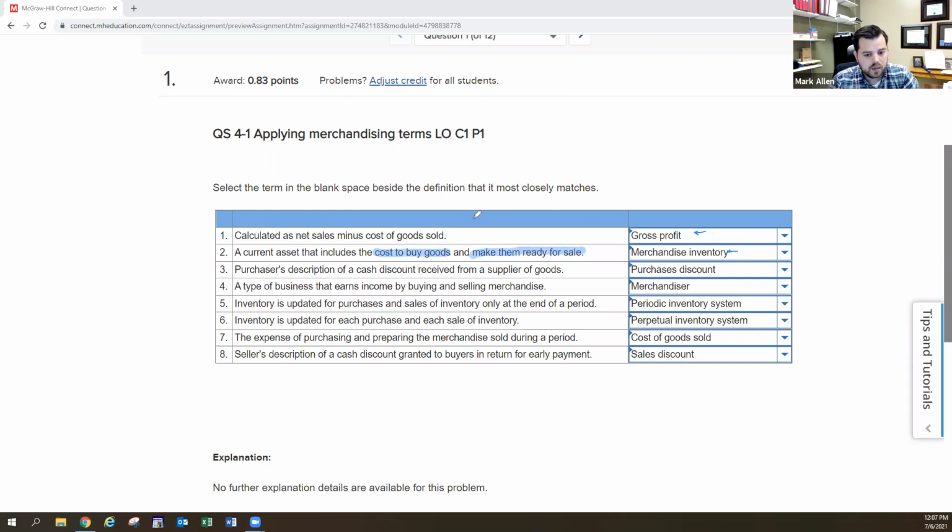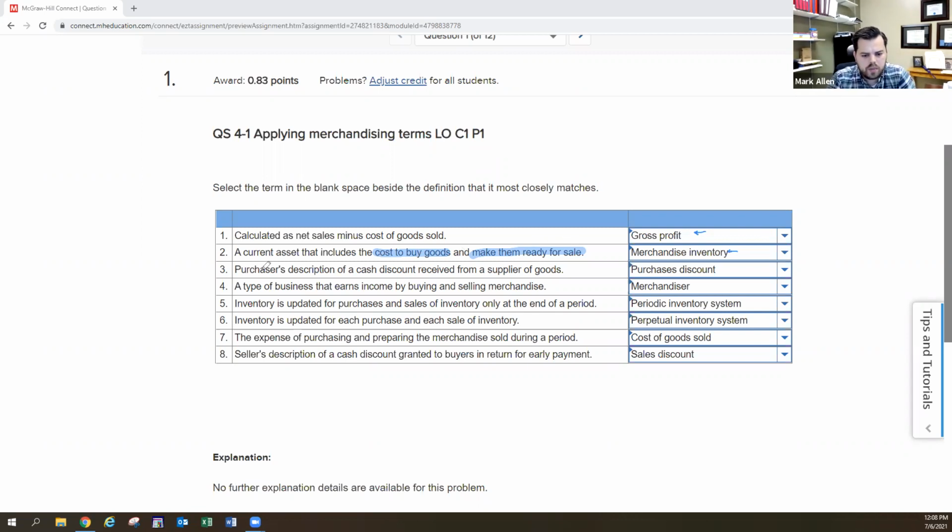So if you got something that you bought, but it's not quite ready to be sold yet, and it requires some additional labor, some additional parts applied to that, whatever it is, maybe it requires some shipping costs, whatever it is that makes this available and ready to be sold, that will be part of our inventory cost. It's a very important idea in this chapter, so it's very important that you understand that it's not just the actual cost, there's also additional items that make this ready for sale.